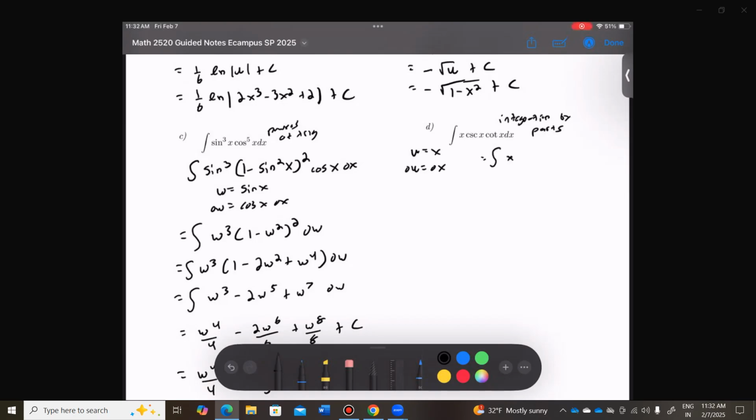So cosecant is 1 over sine, and cotangent is cosine over sine, so I'm going to make this cosine x over sine squared x dx. And so then dv is cosine x over sine squared x dx. And so v is going to be negative 1 over sine of x.